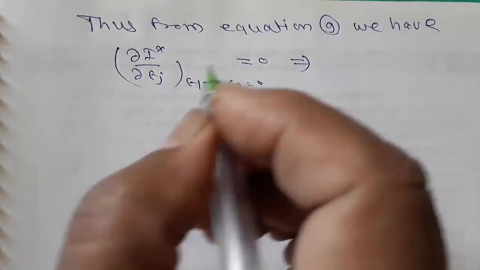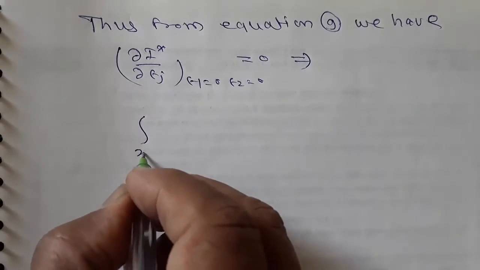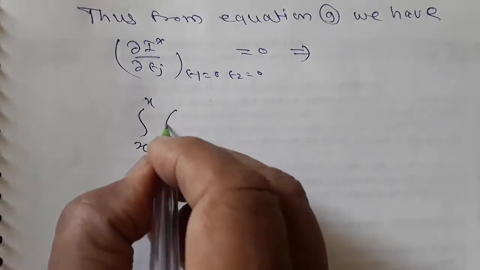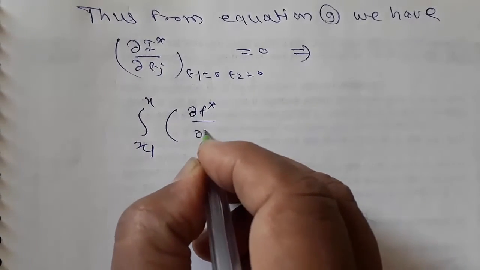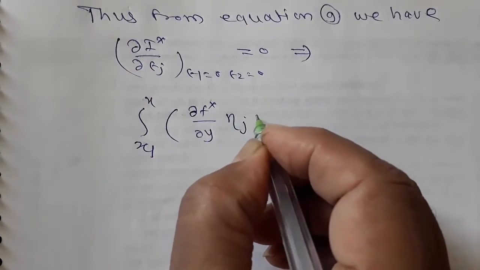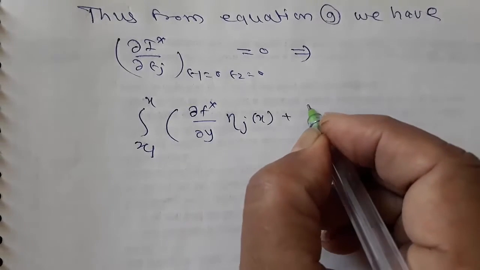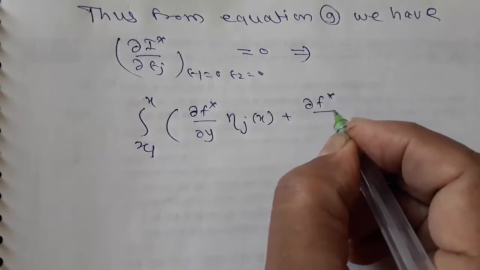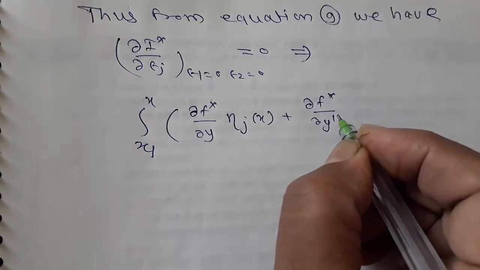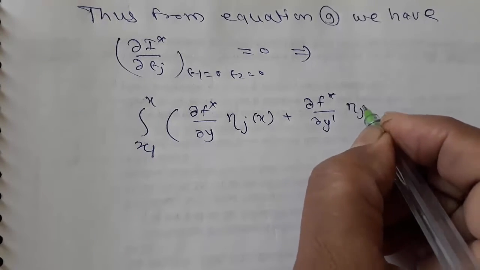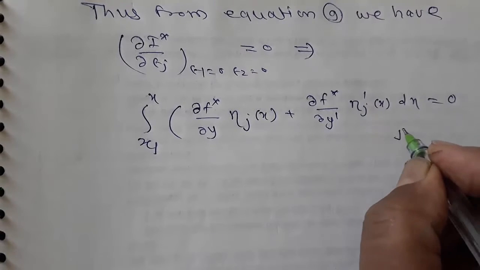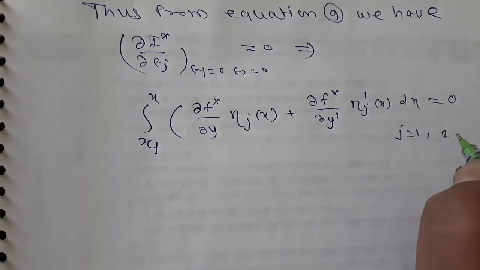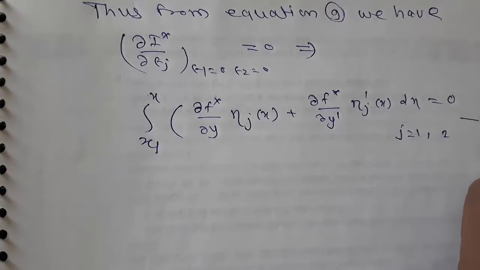This implies integration from x1 to x2 of dou f star by dou y into eta j x plus dou f star by dou y dash into eta j dash x dx equal to 0 for j equal to 1, 2. This is equation 11.